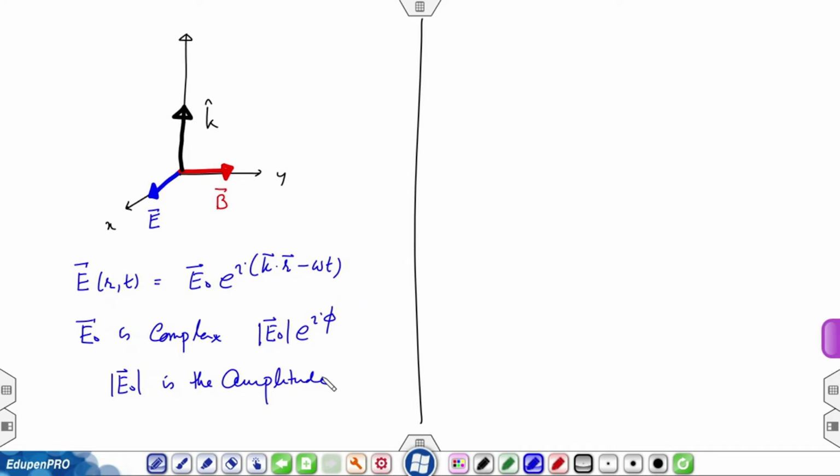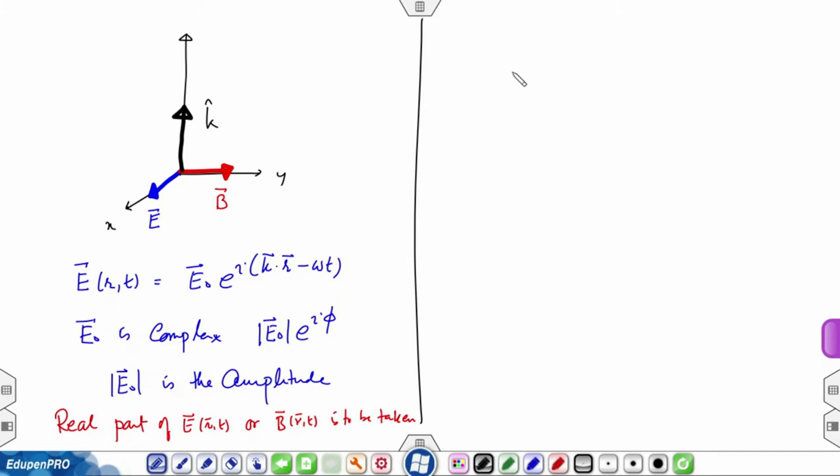And now, finally, when I look at E in space or B in space, the real part of E(r,t) or B(r,t) is to be taken. So, this is how we are going to describe the amplitude, the phase and everything for a plane wave.